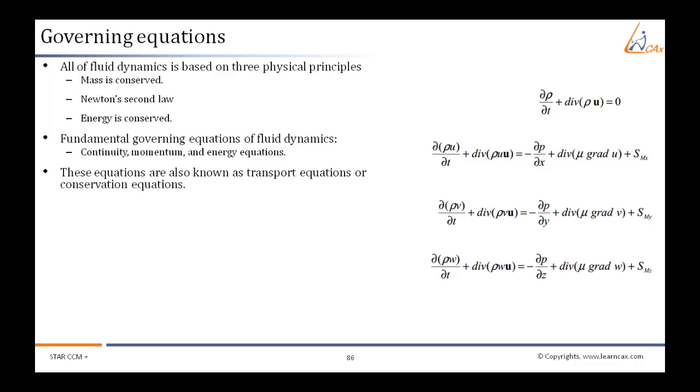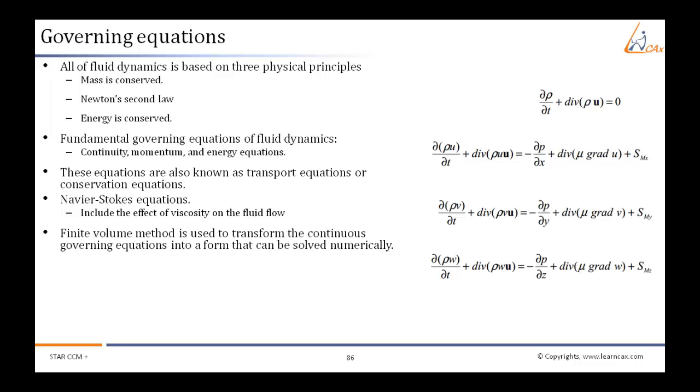The form of governing equations that is generally used in computational fluid dynamics, CFD, is known as the Navier-Stokes equations. The Navier-Stokes equations include the effect of viscosity on the fluid flow. In CCM Plus, the finite volume method is used to transform the continuous governing equations into a form that can be solved numerically.